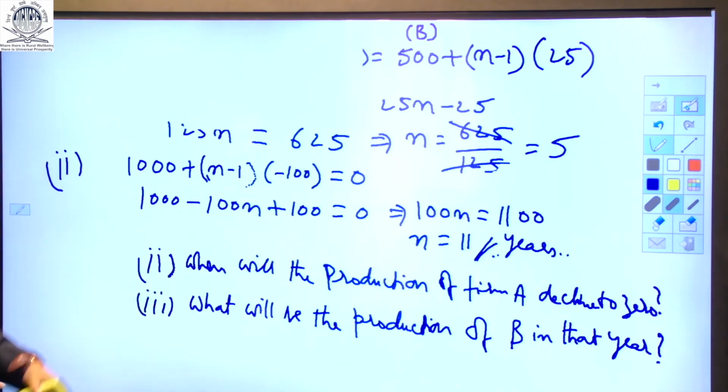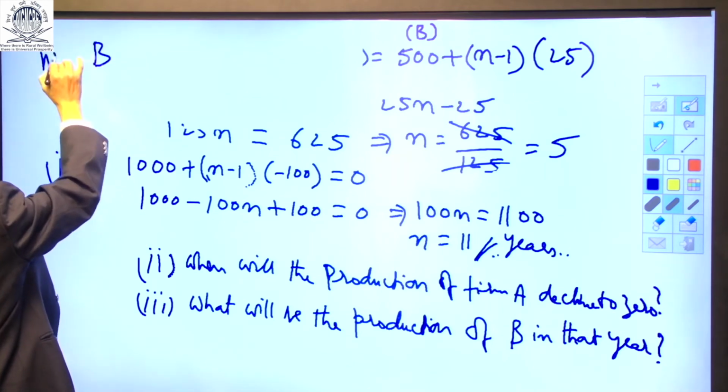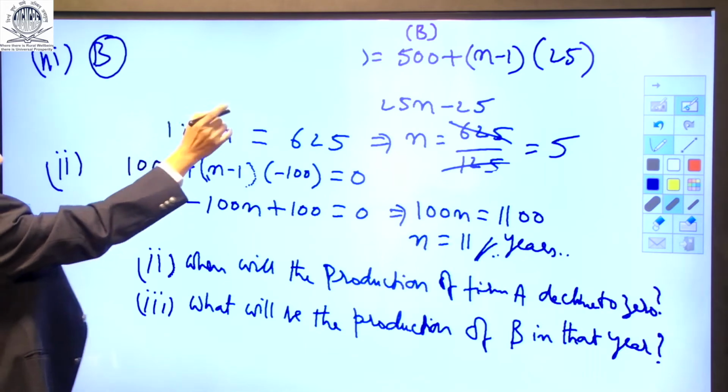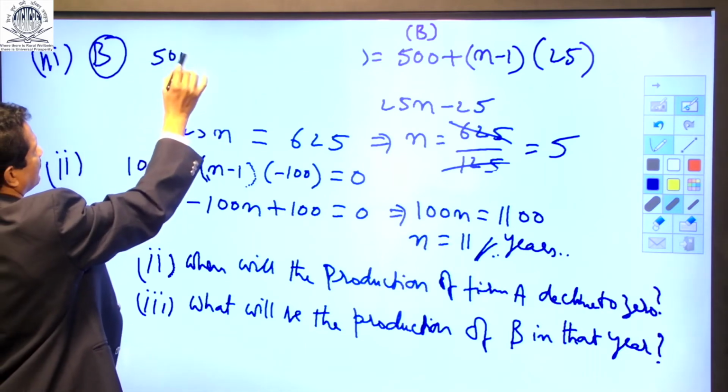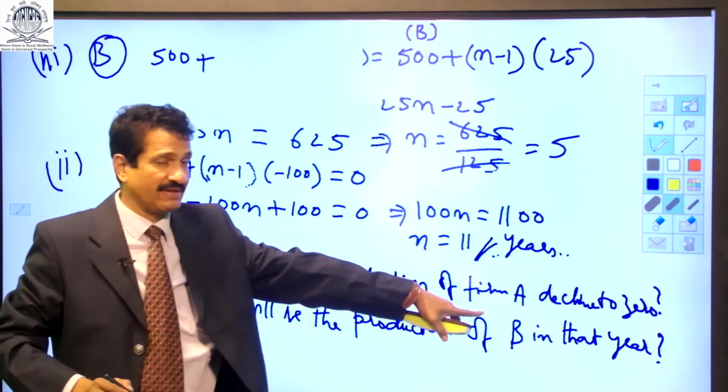So, production of B in that year will be, this is the third problem we are solving now, 500 plus, what is n in this case? N we have to take as 11.